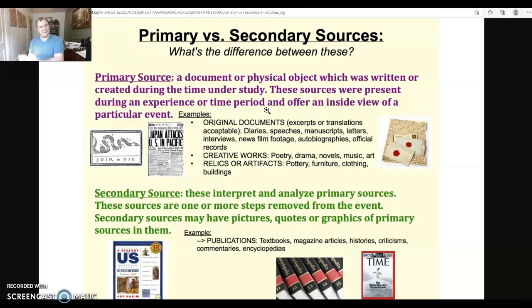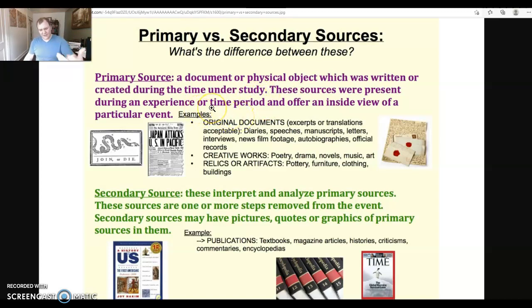So it's a historian writing about an event, or a reporter who's writing about an event but didn't witness the event themselves, they're just describing what they heard, right? So that can be a secondary source.